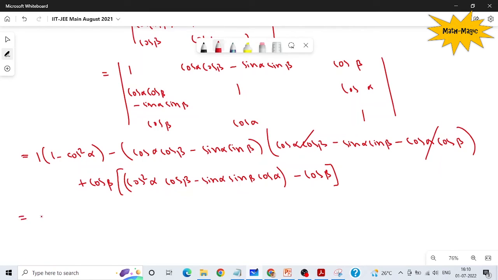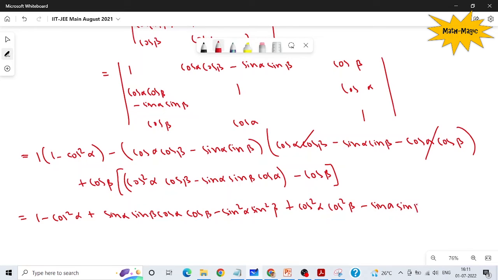So this is equal to 1 minus cos square alpha, plus sin alpha sin beta cos alpha cos beta minus sin square alpha sin square beta, then plus cos square alpha cos square beta minus sin alpha sin beta cos alpha cos beta, minus cos square beta.